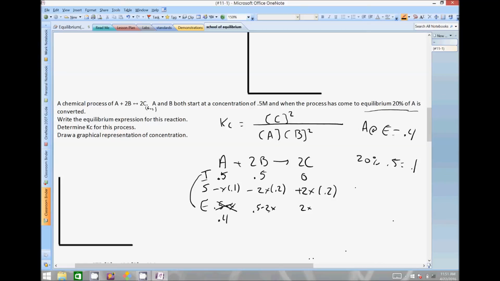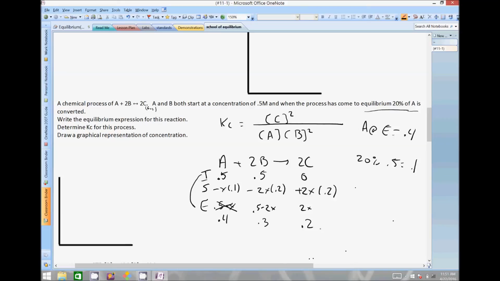So this is going to be 0.5 minus 0.2 is 0.3, and this is just 2 times 0.1, which is 0.2. Alright, so it's 0.1.